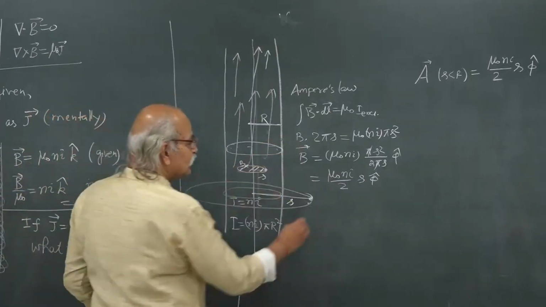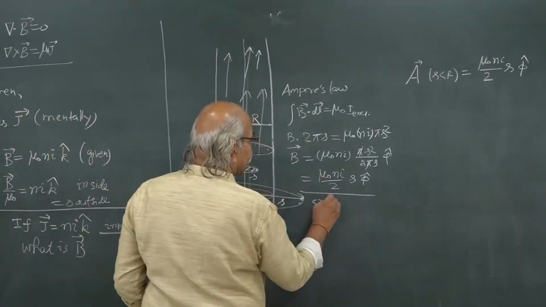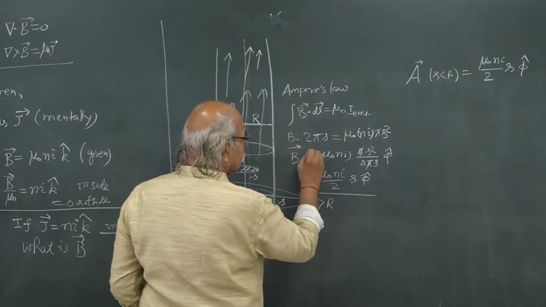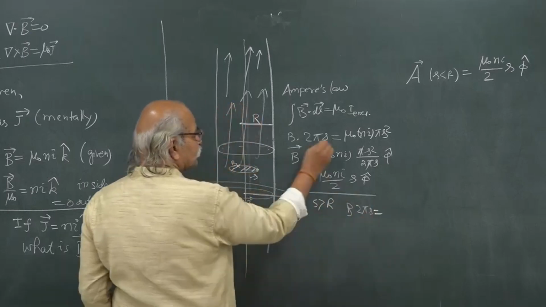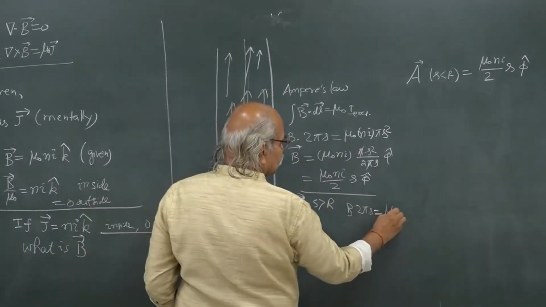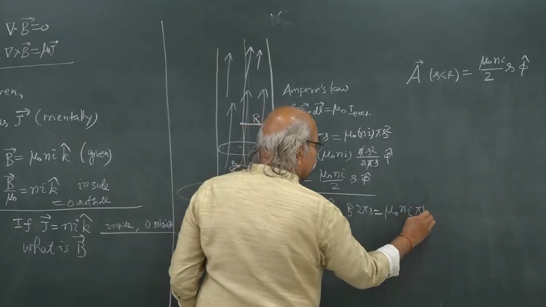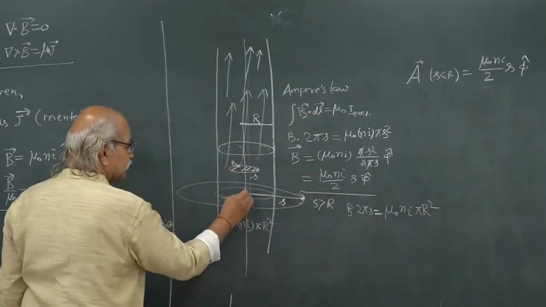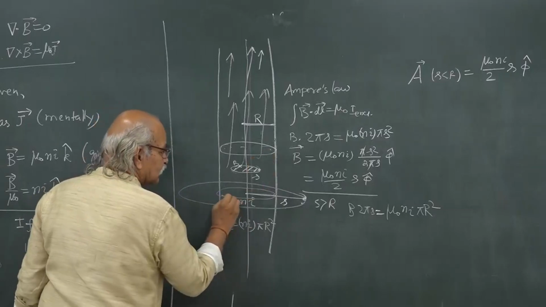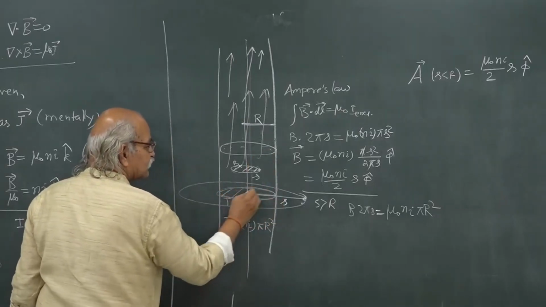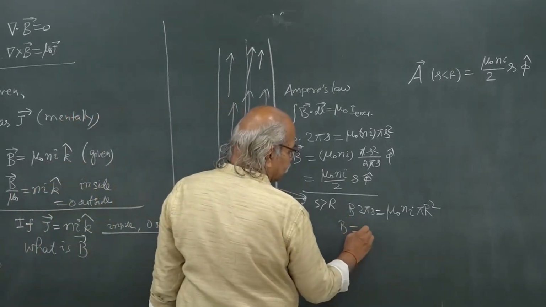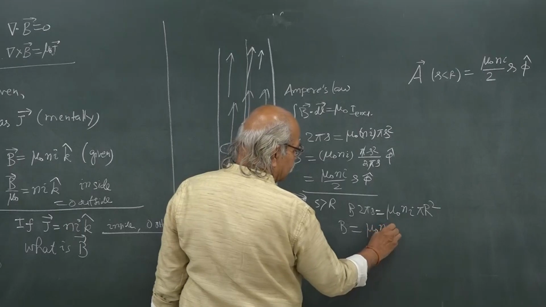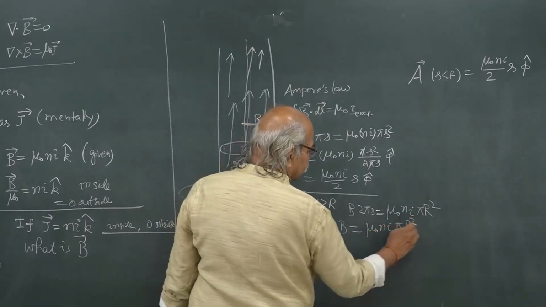And therefore, for outside, s greater than R, you will write B into 2 pi s is equal to mu naught n I pi capital R square. This is capital R, this is capital R. So, current is only through this area, which is pi into capital R square, and therefore, B is equal to mu naught n I pi R square divided by 2 pi s.